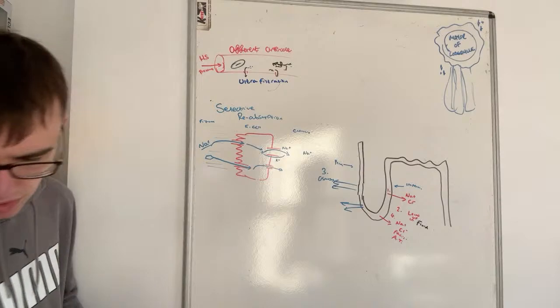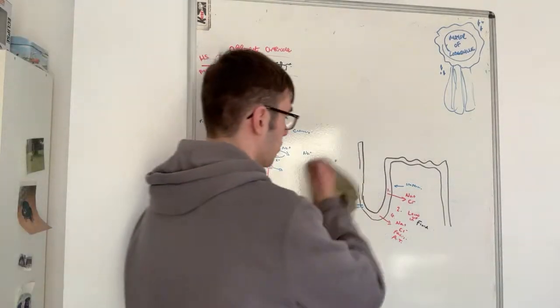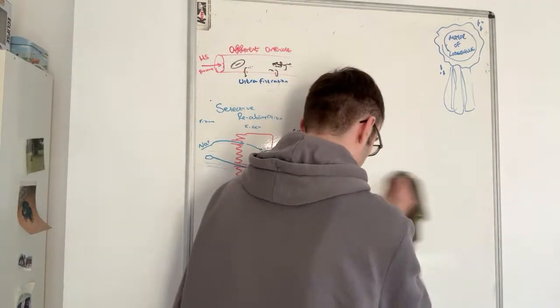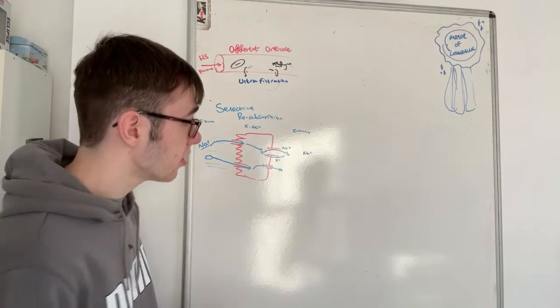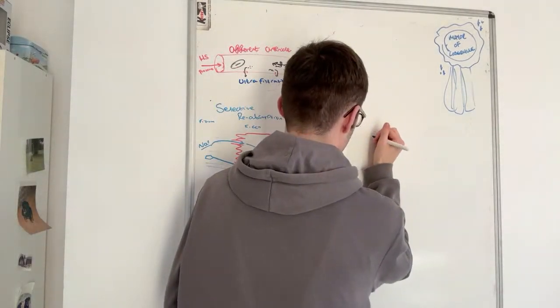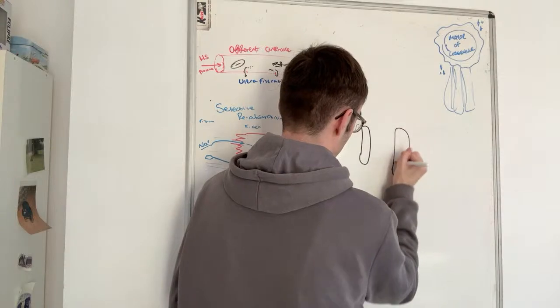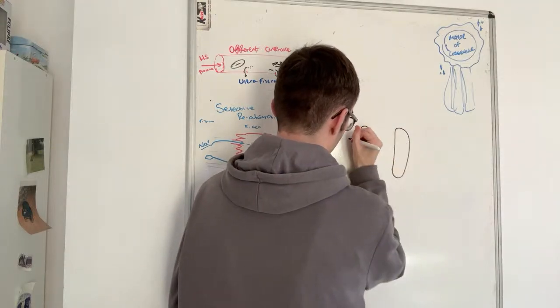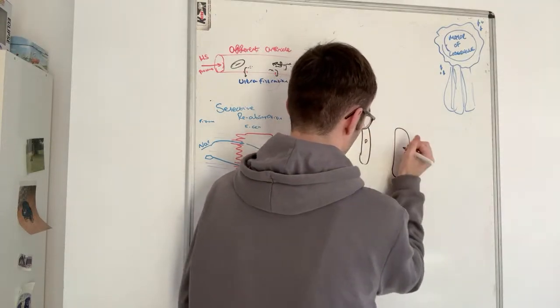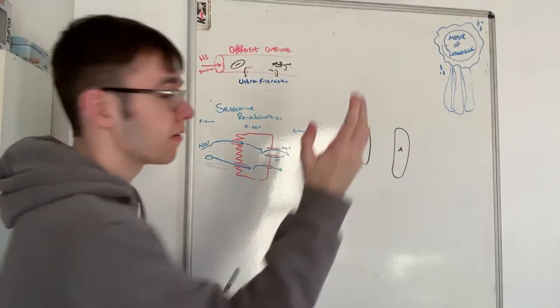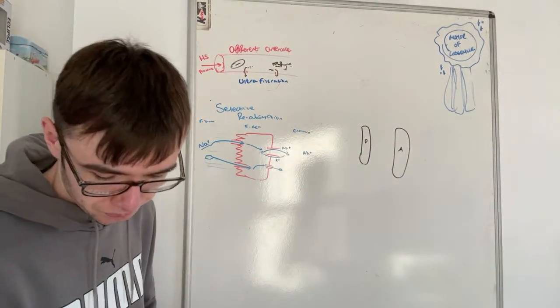I guess this probably isn't the best way to plot this out. I guess in a way we could kind of plot it like this. You have your ascending loop, you have your descending loop. Sorry, that's going to be the descending loop. That's going to be the ascending loop. Just imagine this is the tissue.